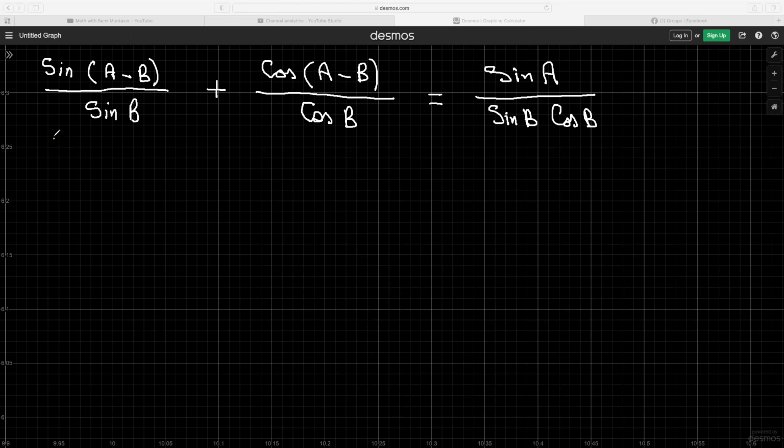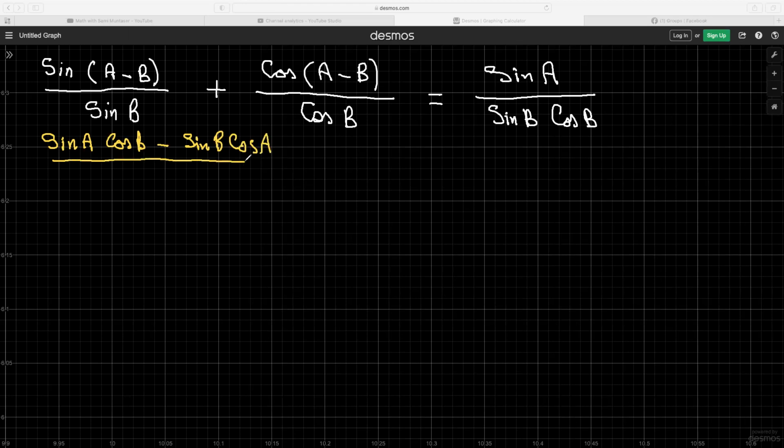So this will give you sine A cos B minus sine B cos A for that.